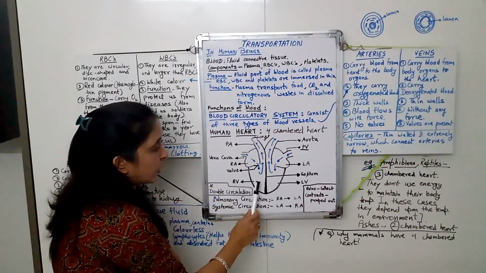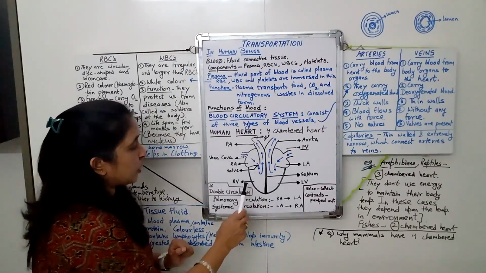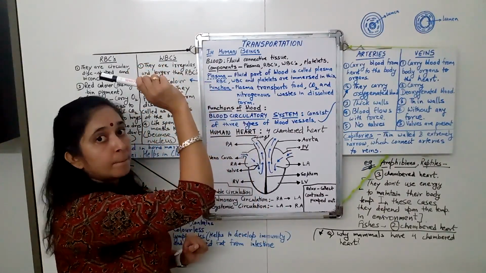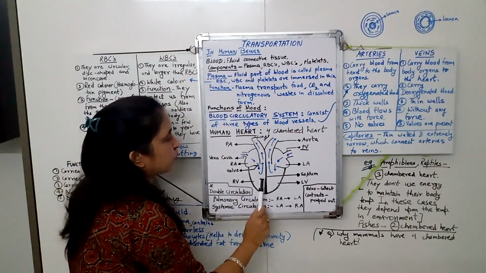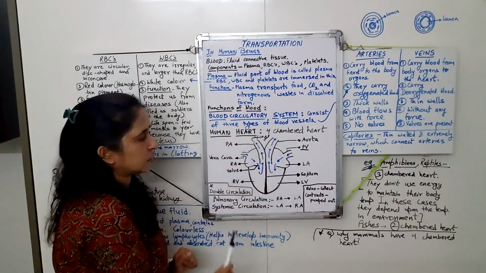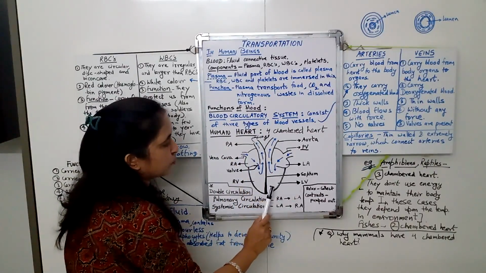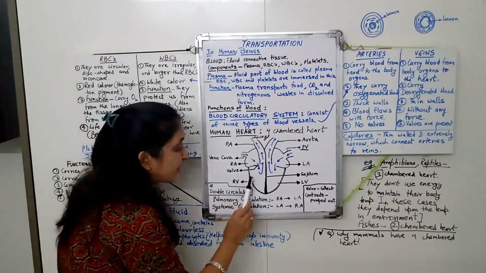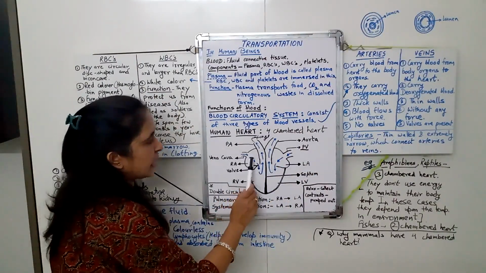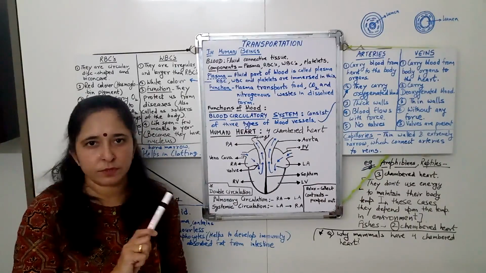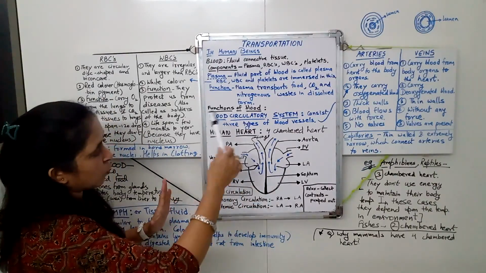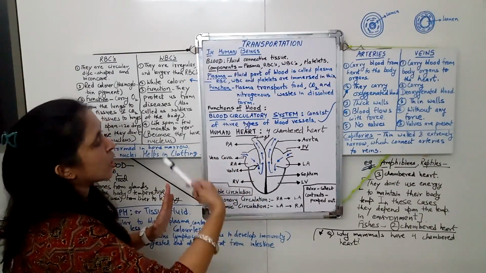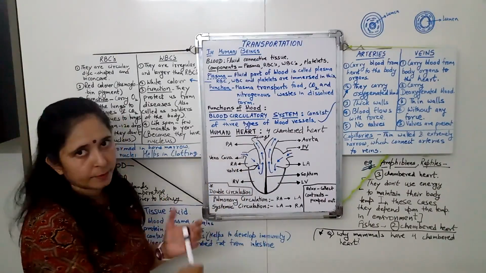But the ventricles are thick walled because they have to push the blood. Here, the right ventricle pushes the blood to the lungs. Here, the left ventricle pushes the blood to body parts through the aorta. So they have thick walls, and the atria have thin walls. Clear? So this is all about the four-chambered heart of human beings.